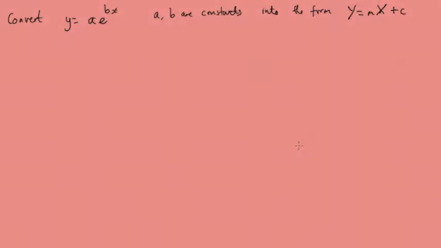So we take y equals a e to the power bx, and we're going to take natural logarithms of both sides. So we will have the log of y equals the log of a e to the power bx.